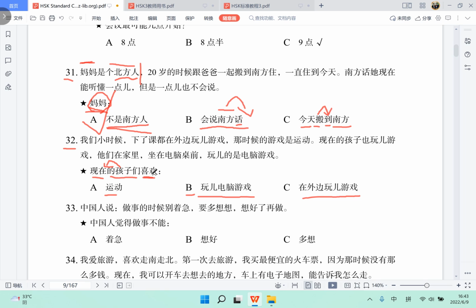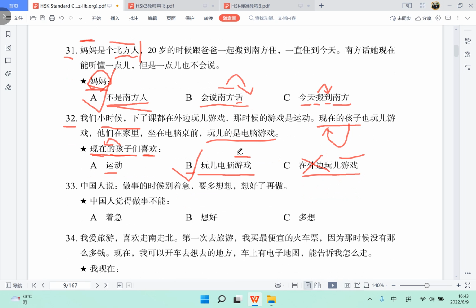So we check the conversation, looking for this phrase. 现在的孩子, so the children of the present 也玩游戏, also play games. Here are two kinds of game: one is computer game, one is play outside. So we continue. 他们在家里, so they are at home, not outside. So this one choose B, right? 玩电脑游戏. But no need to check the rest.